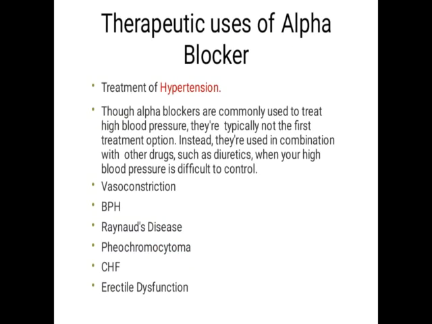So what are the therapeutic uses of alpha blockers? In the treatment of hypertension, alpha blockers can be used. Generally, alpha blockers are used to treat high blood pressure. They are generally used in combination with agents like diuretics when we have to decrease the increased pressure.